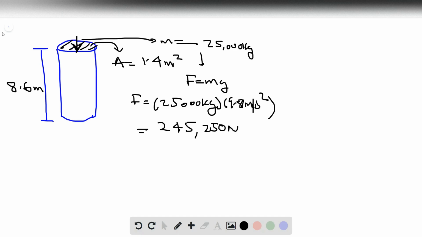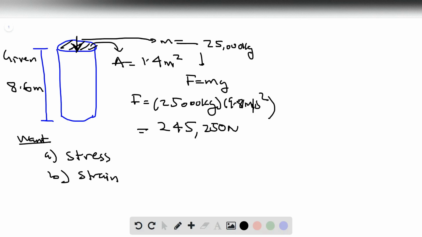So this is the information we're given. The first thing we want to find out is the stress that's being provided on the column. And then the second thing, we want to find the strain.